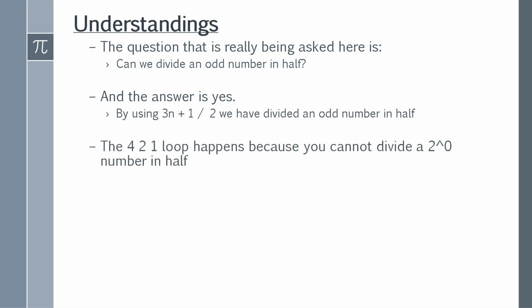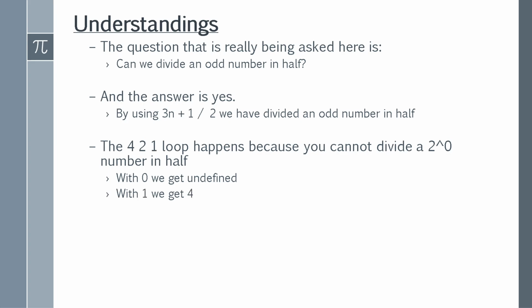Now the problem we run into with the loop is that you cannot divide a power 0 in half, right? So 1 by itself cannot be divided in half, because you have 1 on the right. We're going to subtract 1. We're going to multiply the left, which is 0, times 3 gives me 0, plus 1 gives me 1, but it's in the 4 slot at this point.